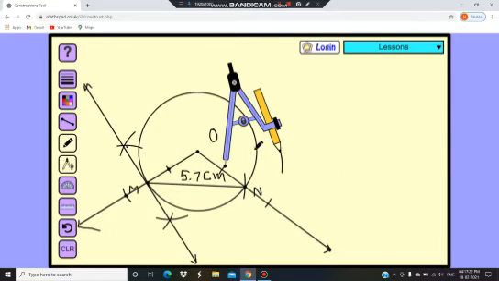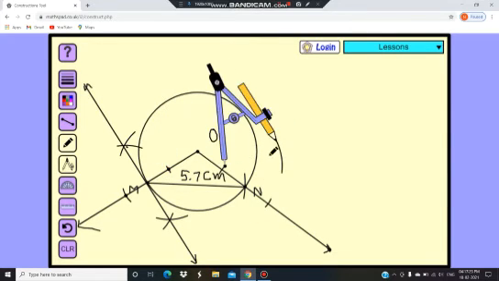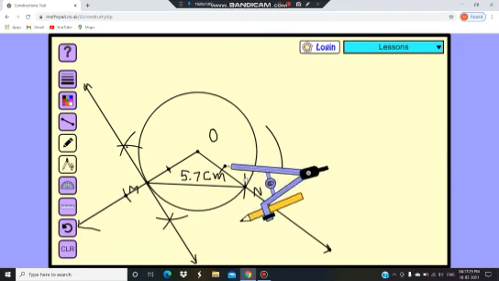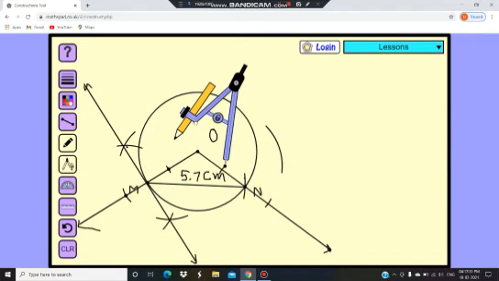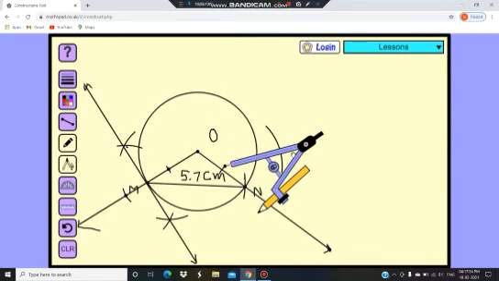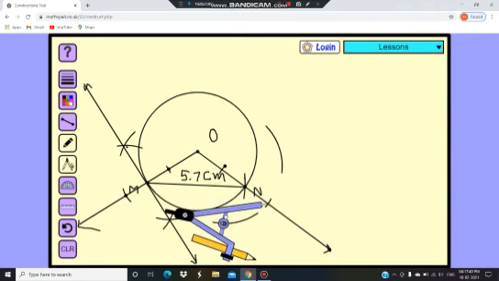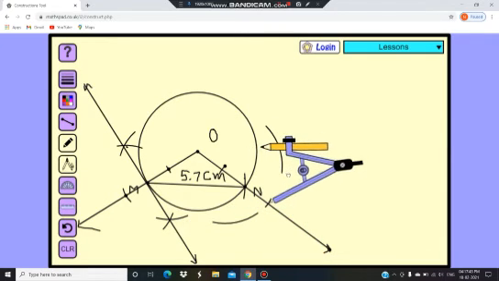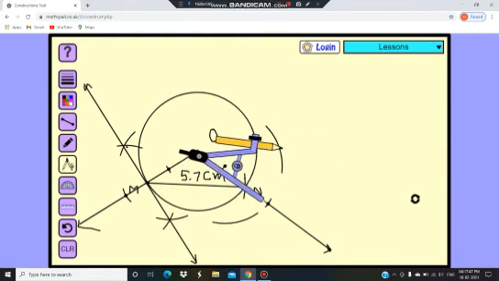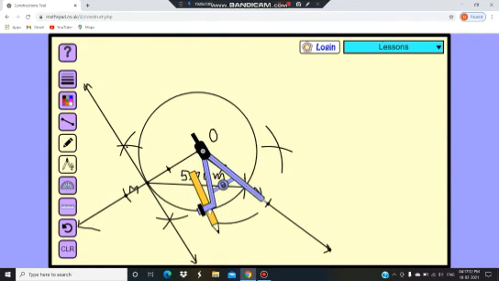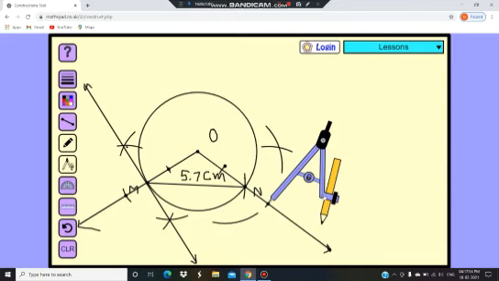Same way, in the downward direction also we have to draw this arc. Now we will keep the pointer on the other intersecting point, and to this arc we will draw the intersecting arc. This is the one arc. Same way, to the downward arc also we have to draw the intersecting arc.